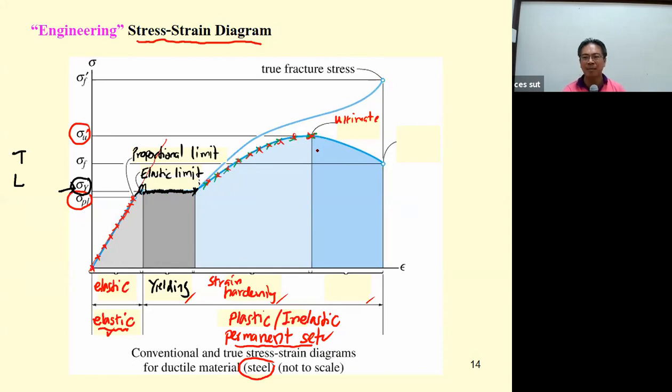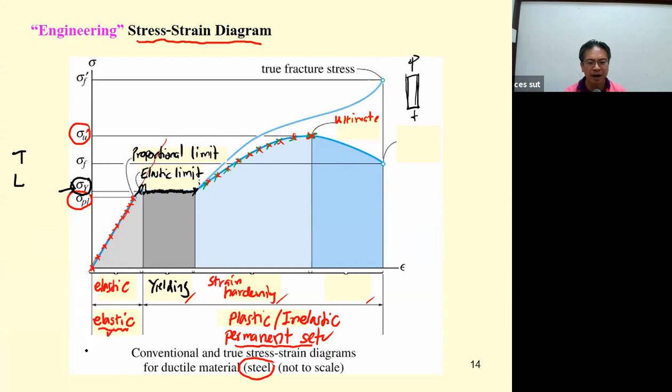In the lab, you will have a chance to look at what is called necking, which occurs after the ultimate point. Usually when the stress is low, the section of the steel will be equal.